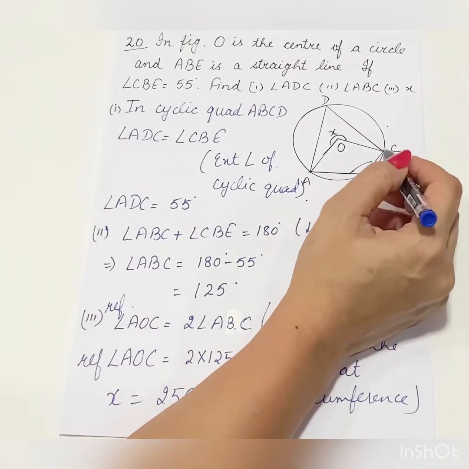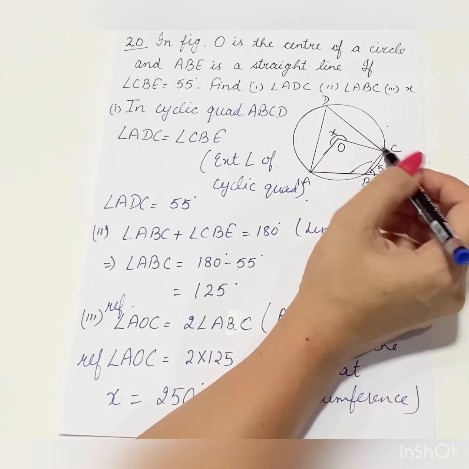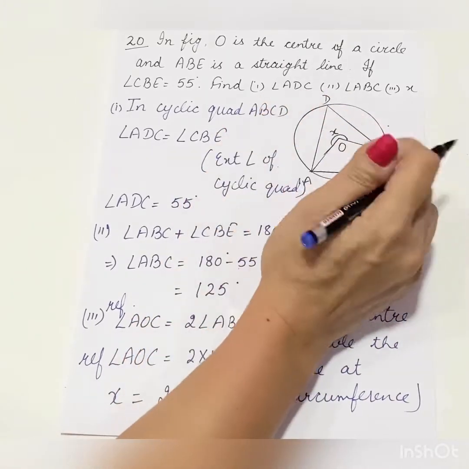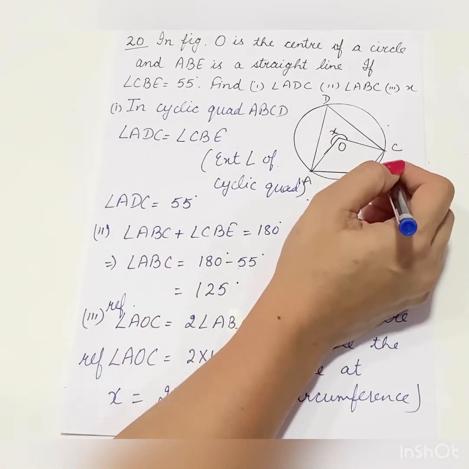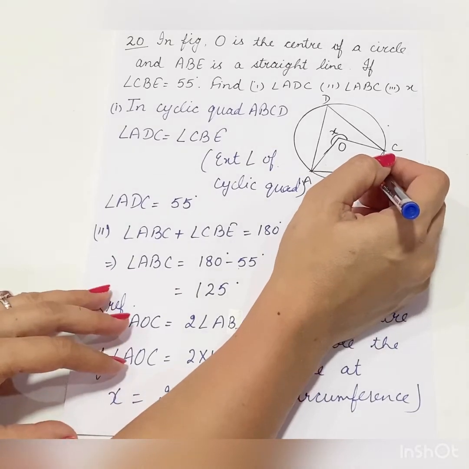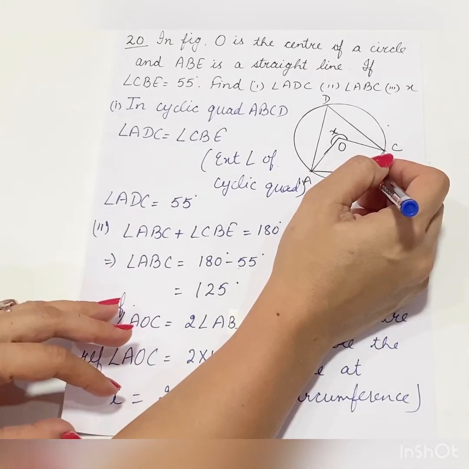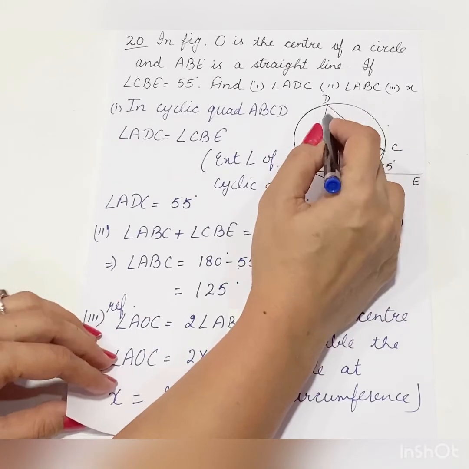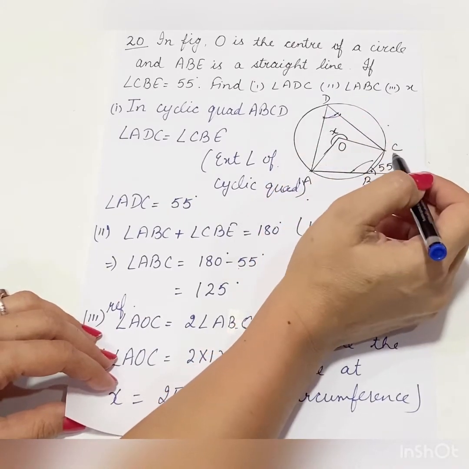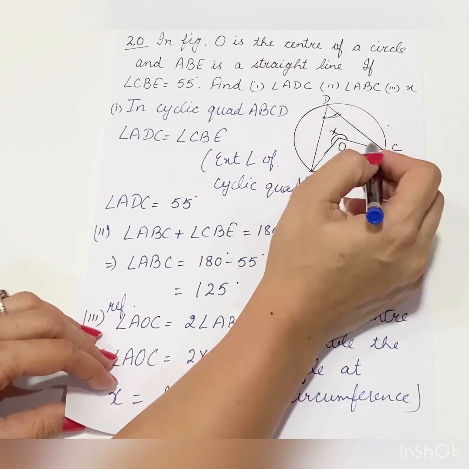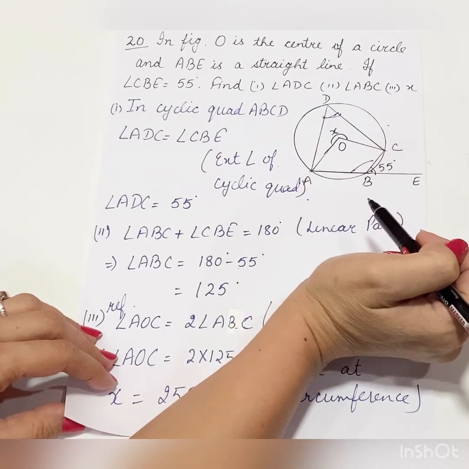So first, ABCD is a cyclic quadrilateral we are taking. CBE is the exterior angle of this quadrilateral. And we have the theorem that the exterior angle of a cyclic quadrilateral is equal to the opposite interior angle. So that gives you angle ADC is equal to 55 degrees.